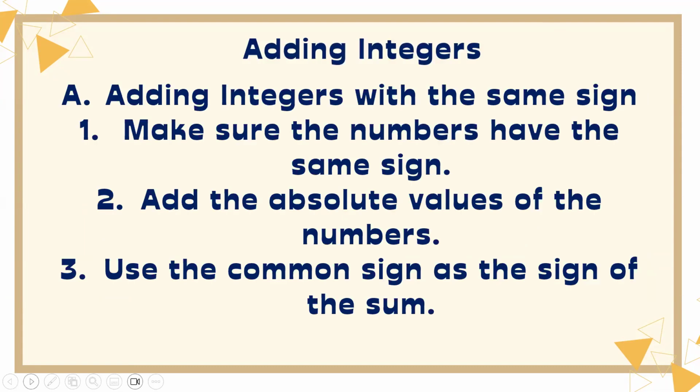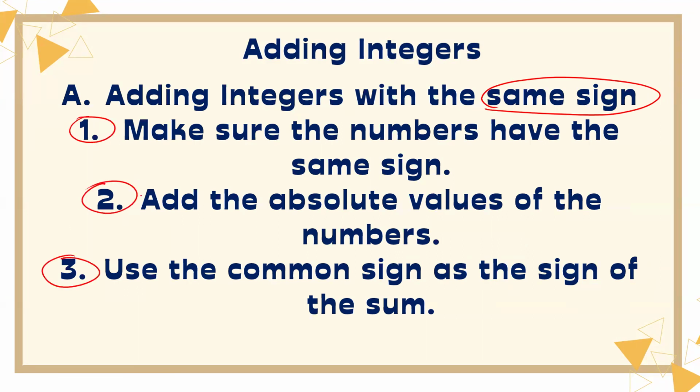When adding integers, we have to look at the signs of the integers that we're adding. In the first case, if the integers have the same sign, then we have 3 steps to follow in order to add these types of integers.